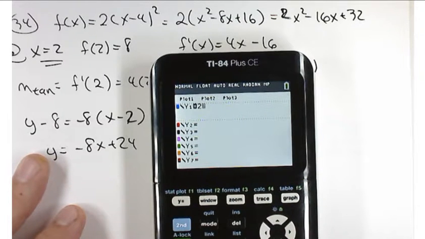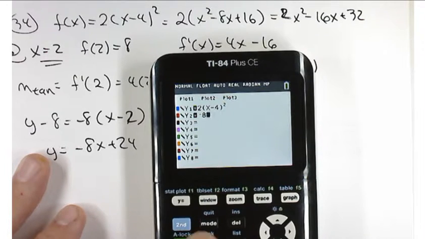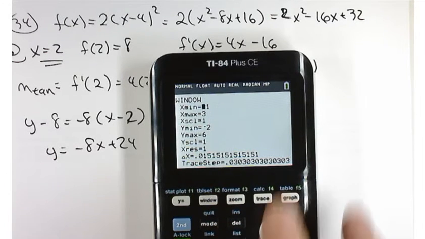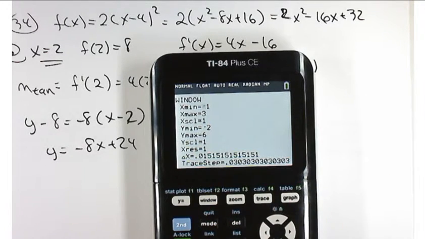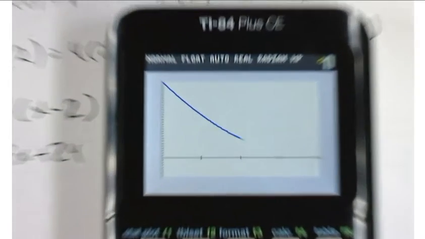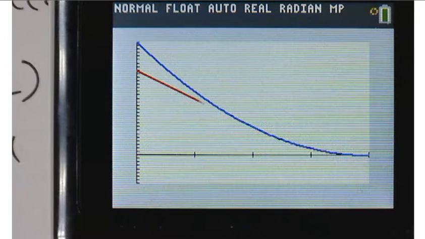So 2 times x minus 4 squared, and negative 8x plus 24. I'm going to center my window around the point x equal 2, so this time I'll go between 0 and 4. Let's see what we get when we press zoom 0. So there's one graph, and there's another one.